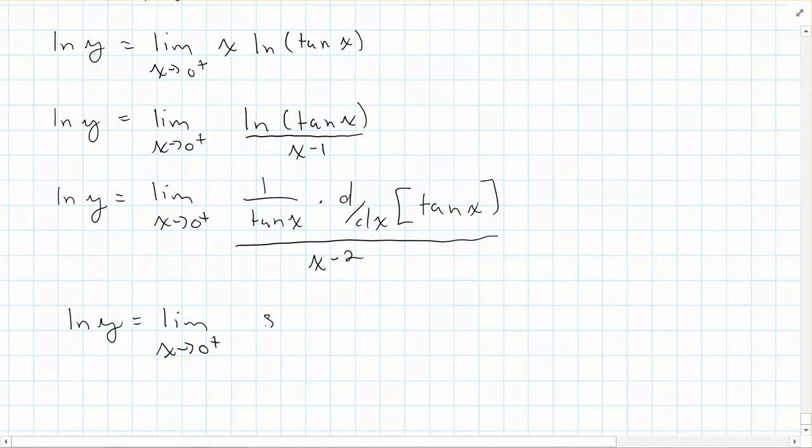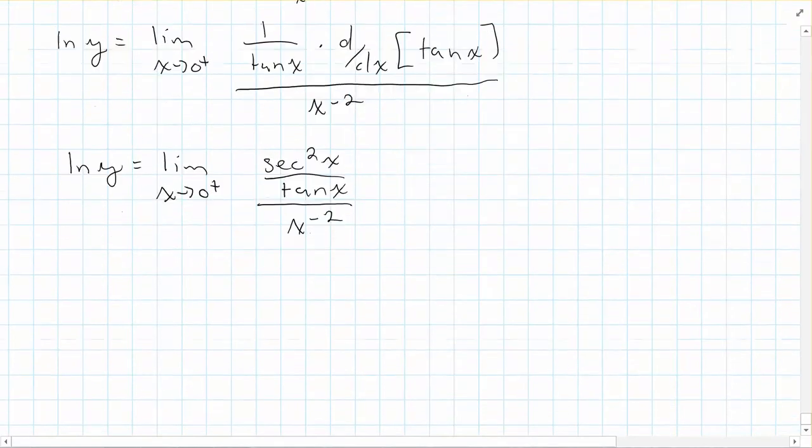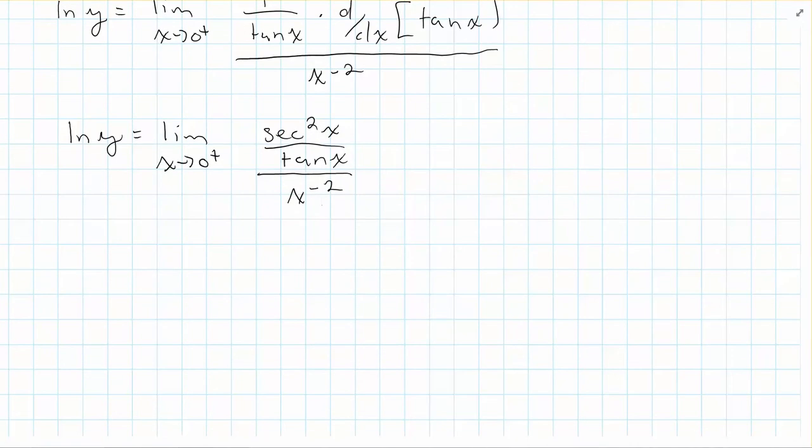Derivative of tangent function is secant squared over tangent over x to the minus 2. So before we try and do any kind of evaluating limits or anything like that, we should really try and simplify this some and see what we get here.